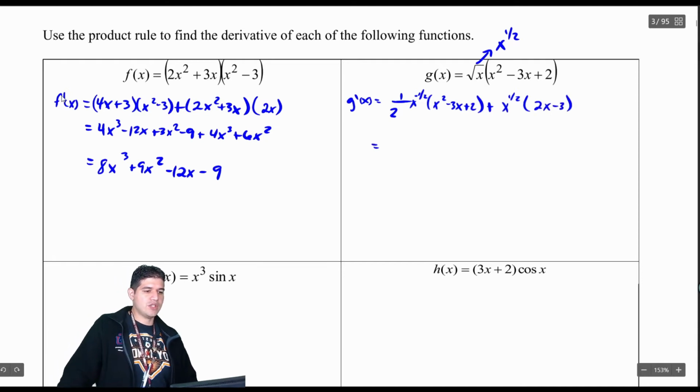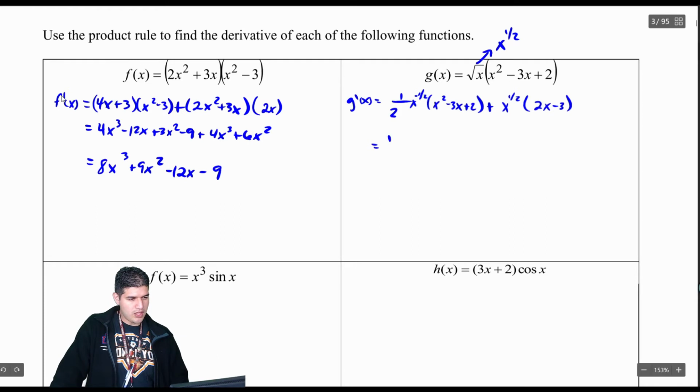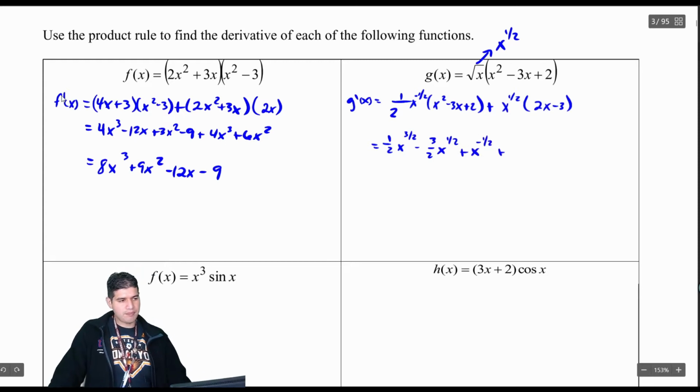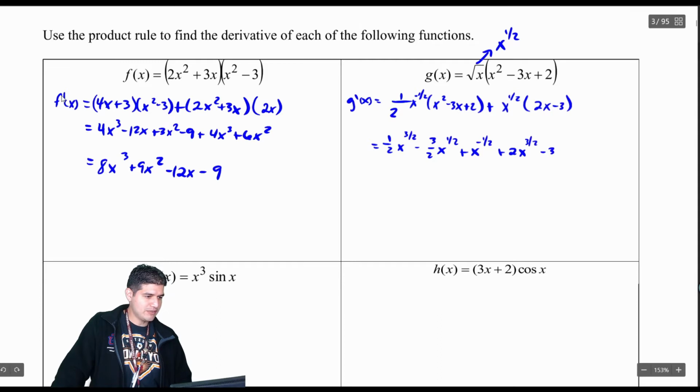All right, and so let's continue finding this equation. So I am going to distribute here. That's going to get me 1/2 x to the 3/2, and then I get minus 3/2 x to the 1/2, and then I get plus x to the negative 1/2. And then over here on the second part, that's going to be 2x to the 3/2 minus 3x to the positive 1/2.